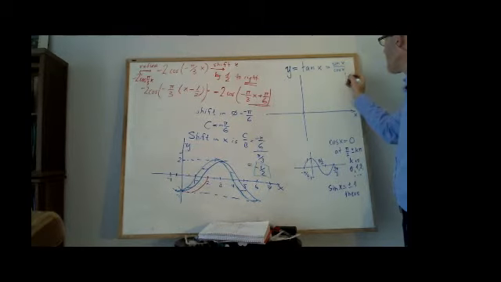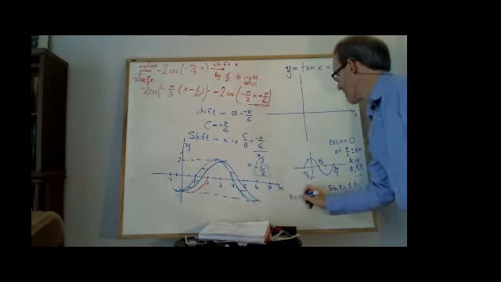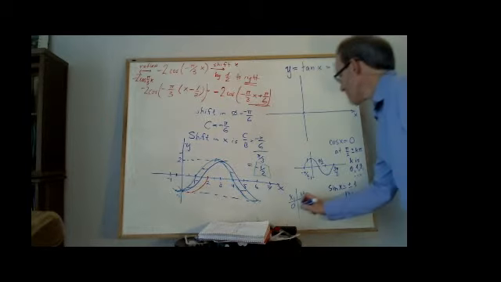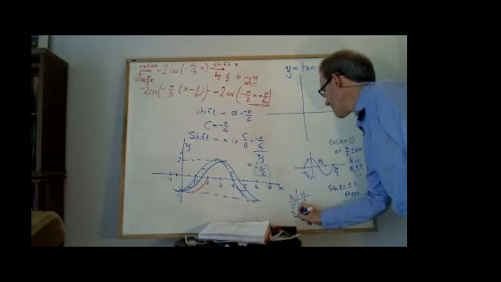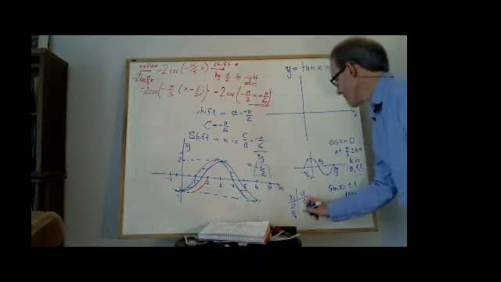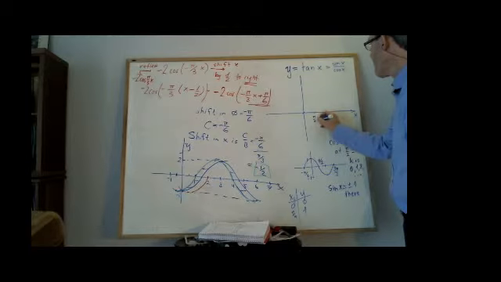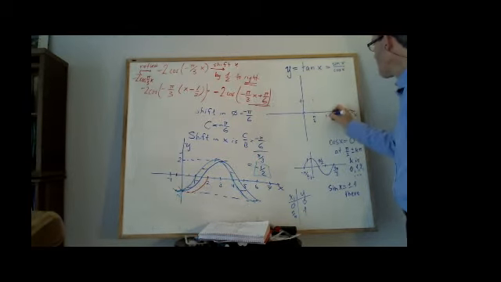Then some values here. When x equals pi over 4, both the sine and cosine are 1 over the square root of 2, and I get the tangent is 1. So at pi over 4, I get the value 1. And then at pi over 2, it goes off to infinity.